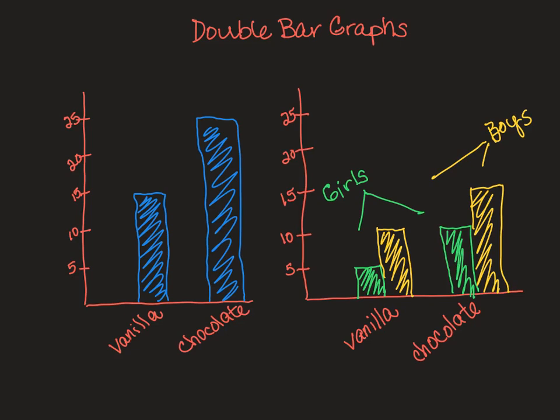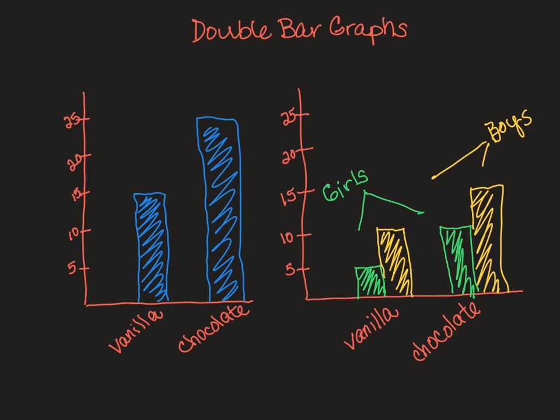So one bar would be for the amount of time you spend on math homework, and the other bar would be for the amount of time you spent on homework altogether. And so those would be the 2 bars, and you would have those for each of the amount of time, which would be on the bottom.